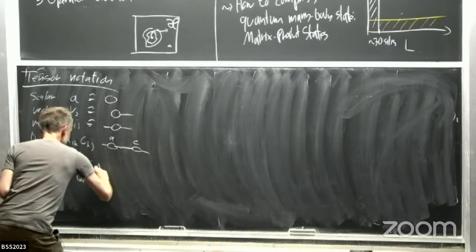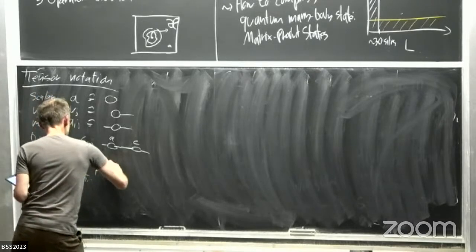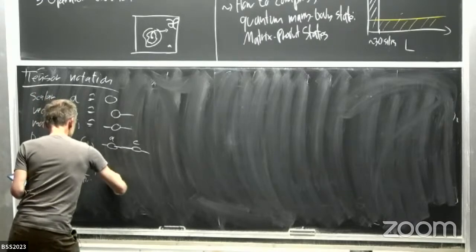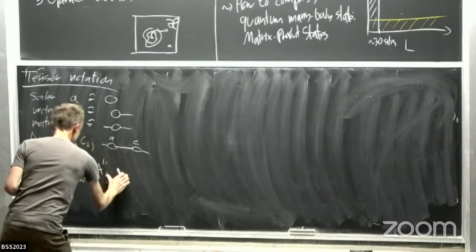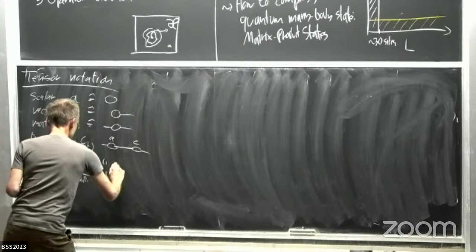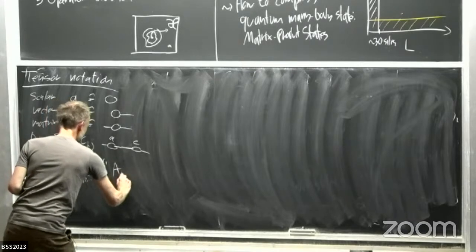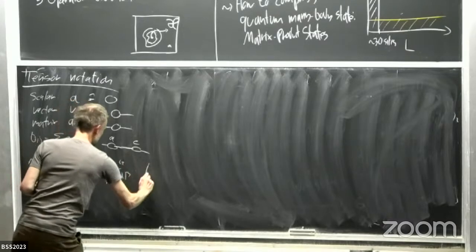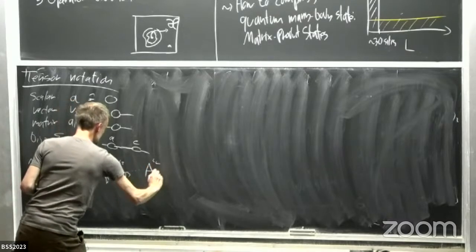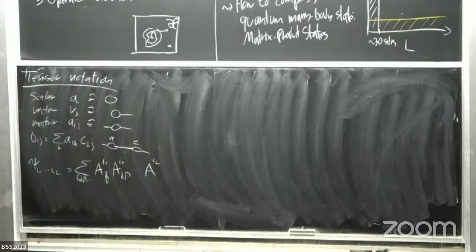Then I have my matrix A with index i1, and then my index alpha, and then the next matrix A_alpha,beta with i2, and so on. Now I have this product of many matrices, and here I have my order L tensor, but I can use this diagrammatic representation to represent my matrix product state.